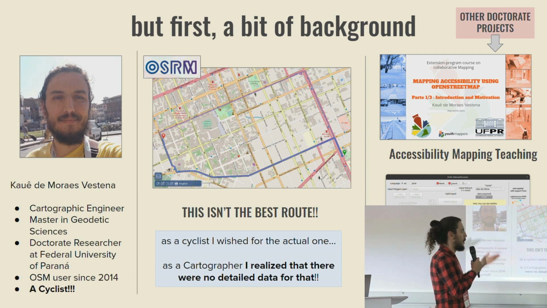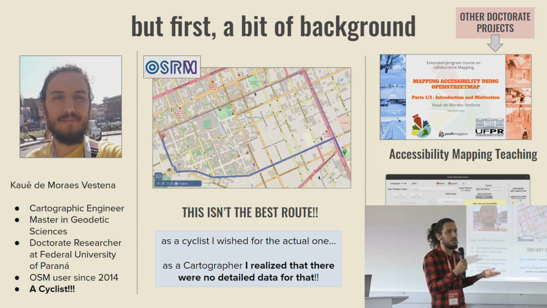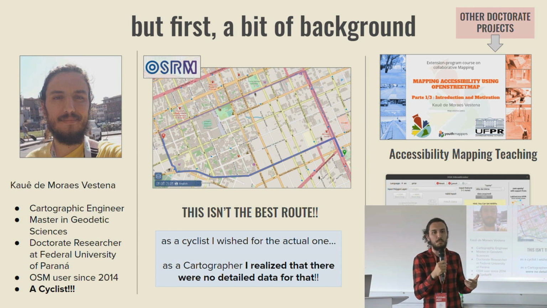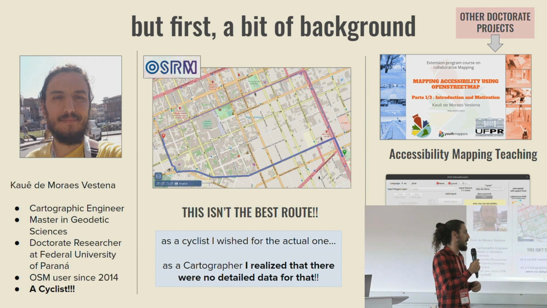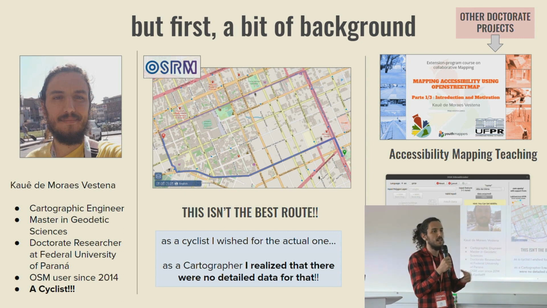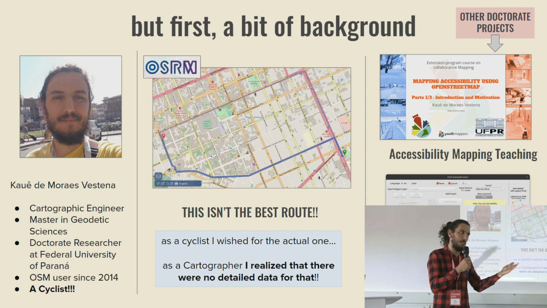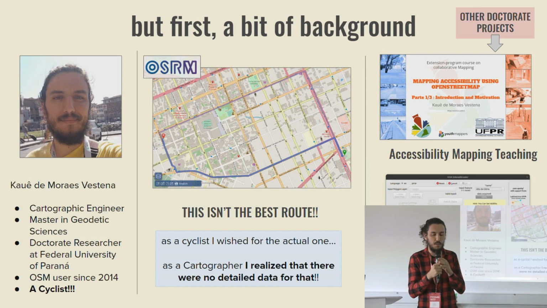I have related projects like teaching people how to map, thinking about accessibility and the combat of ableism, that is the misconception against people with disabilities. And I also created a QGIS plugin named OSM Sidewalk Creator to create the geometries of sidewalks, and I presented it at the last State of the Map.